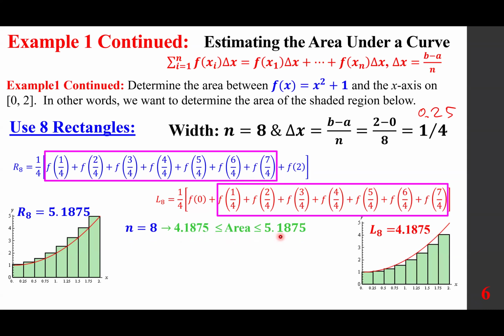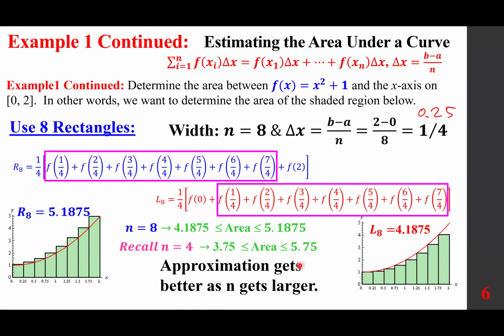So you notice for n equals 4 from the previous page, it was between 3.75 and 5.75, a difference of 2. Now the difference is 1. So clearly the approximation is getting better. The approximation gets better as n gets larger.